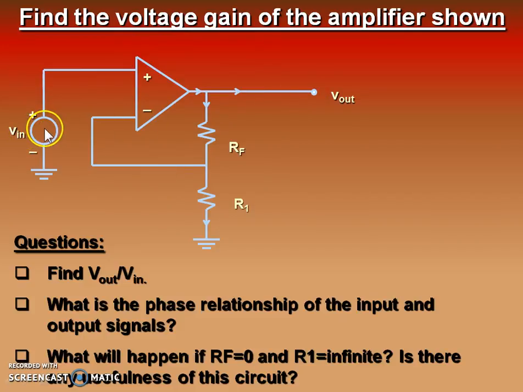One piece of information: please note that these two input terminals of the op-amp should try to track each other. You have to find out the gain of this amplifier, and next you have to find out the phase relationship of the input and the output signal.